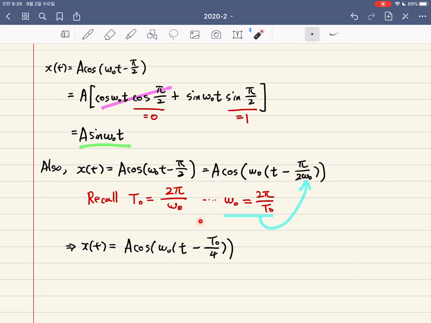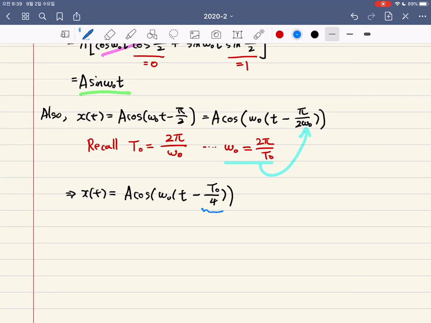So what does this equation mean? It means it shifts A times cosine omega 0 t to the right by how much? A quarter of the period.